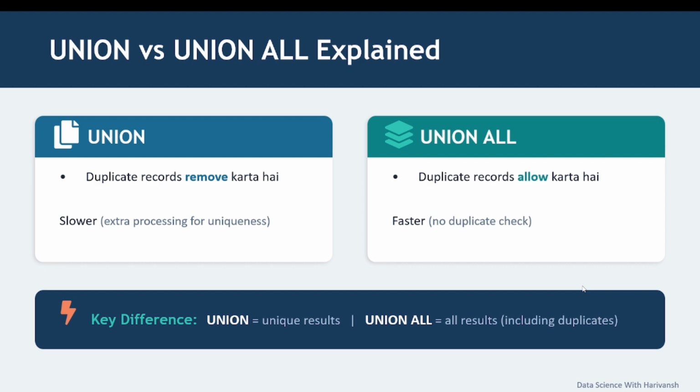So if the same row appears in both the first query's result and the second query's result, union will include it only once in the final output. This deduplication makes union very useful when you want clean, non-repetitive results. For example, when combining customer lists from two different branches of a business and you want to ensure that customers who appear in both lists are not counted twice.